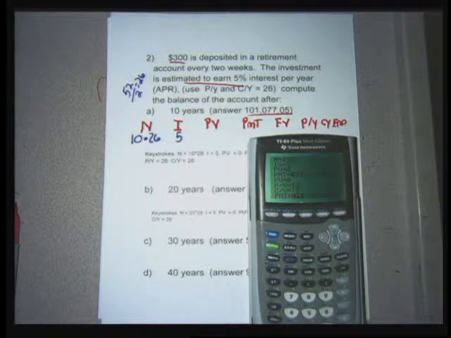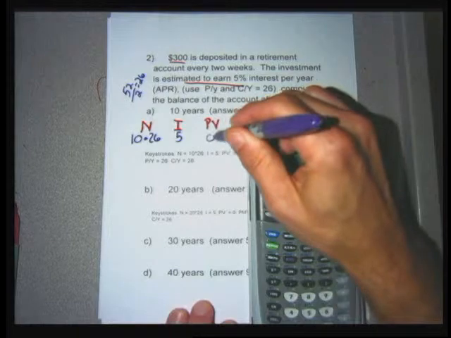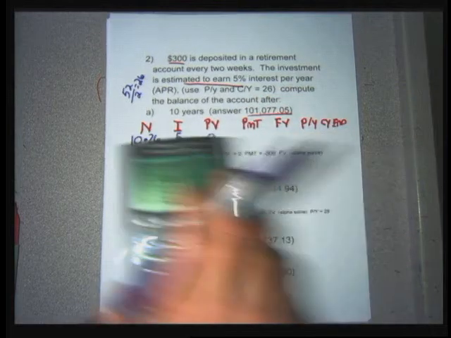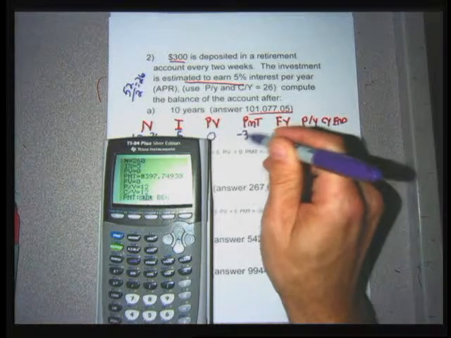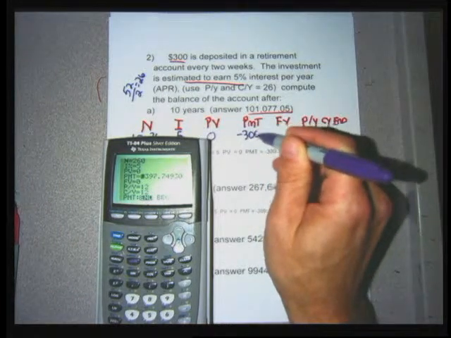And then for the payment, usually financial calculators like signs with dollars. It turns out not to be crucial on this problem whether you do or don't have a sign, but generally if it's money that I'm spending or depositing, I put a negative with that number. And the PMT is where my 300 is going to go because that's an equal, recurring payment of the same amount, and that's for savings problems.